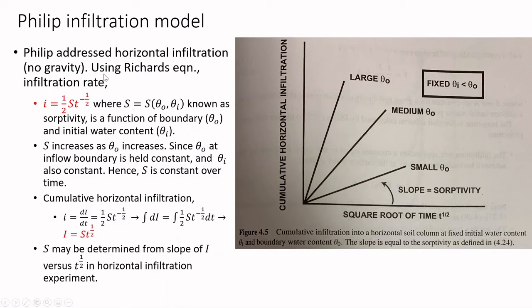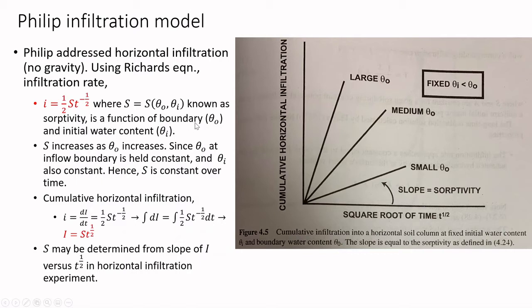Using the Richards equation, the infiltration rate I equals 1/2 s multiplied by time to the power of -1/2, where s is a function known as the sorptivity.